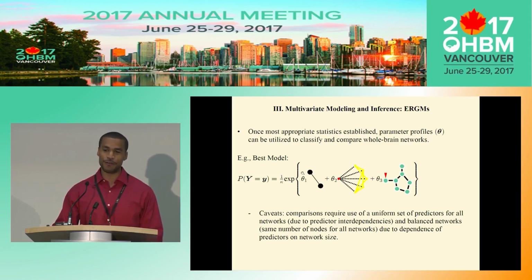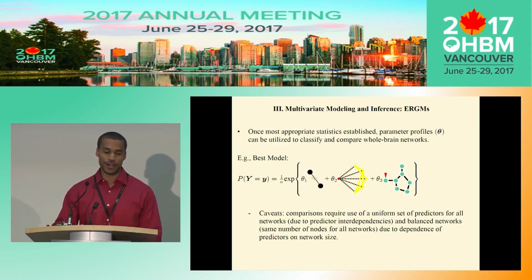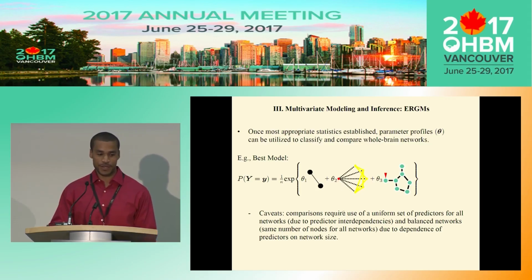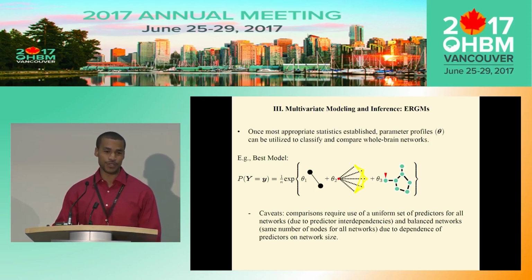If you were to get different best models for various groups, you could informally infer that there are some differences there and probably examine what those differences are, but you couldn't do any formal hypothesis testing with different network metrics. You also need balanced networks, in other words, the same number of nodes for each network, but we tend to have that by construction in our networks.